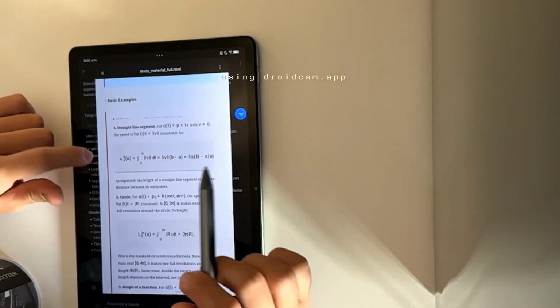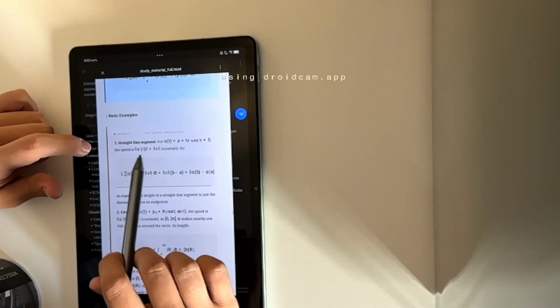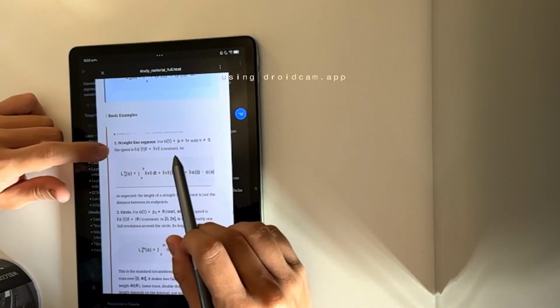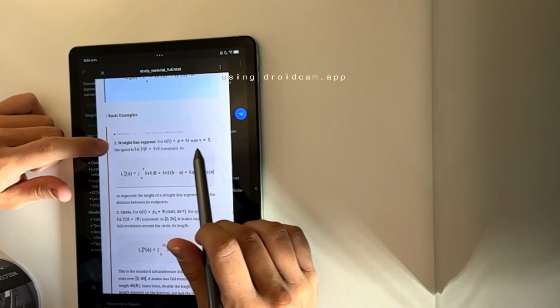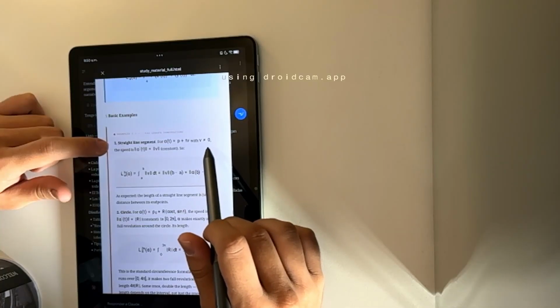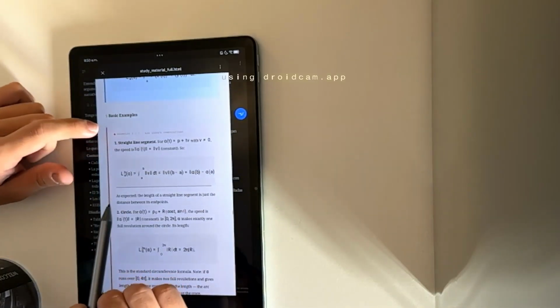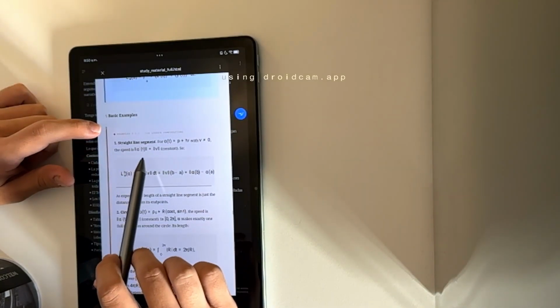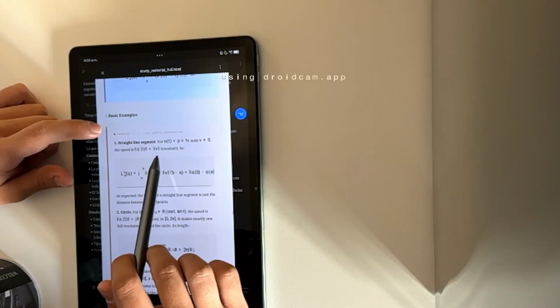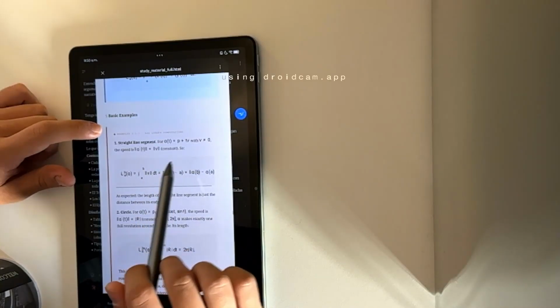Basic examples. Straight line segment: alpha of t equals p plus t v, with v different from 0. The norm of alpha prime is the norm of v, which is constant.